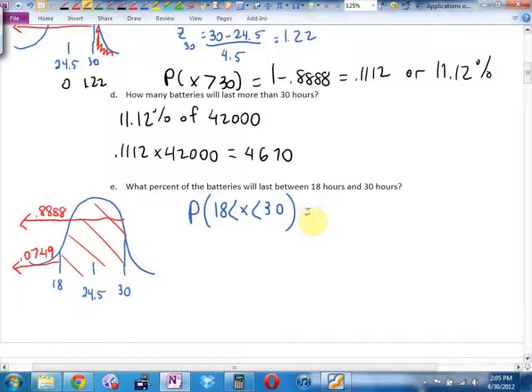Kiara, how? All right, what percent of the batteries will last between 18 and 30 hours?